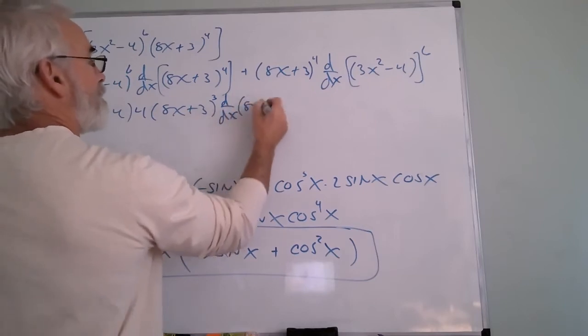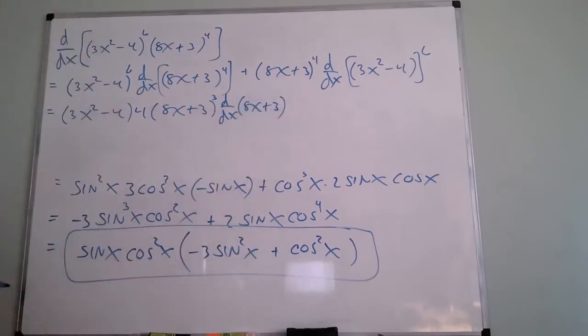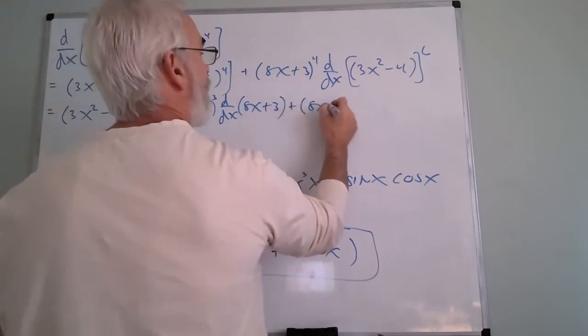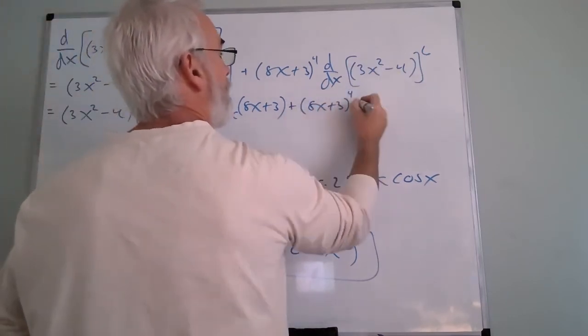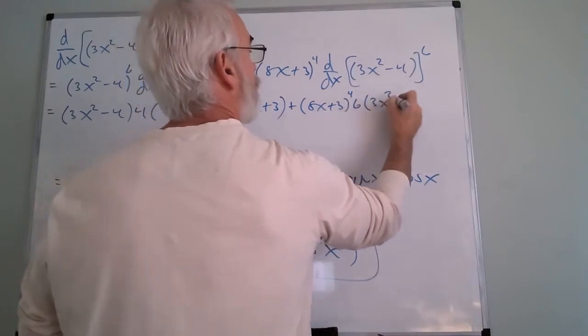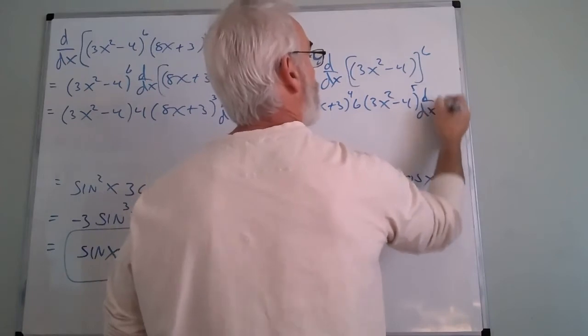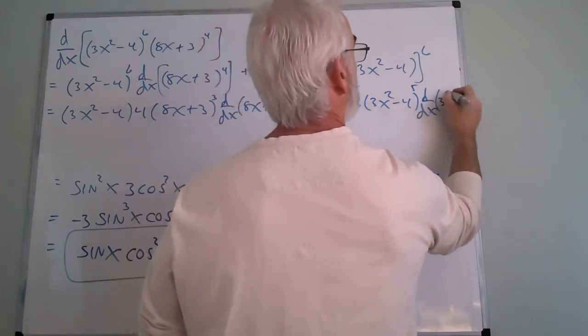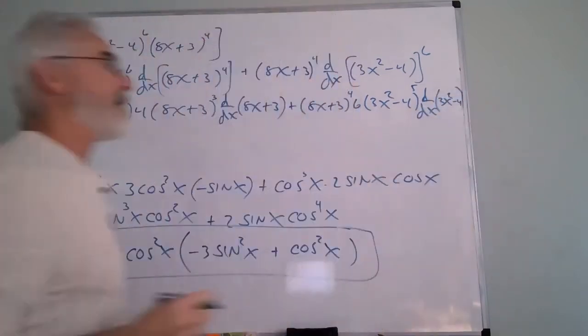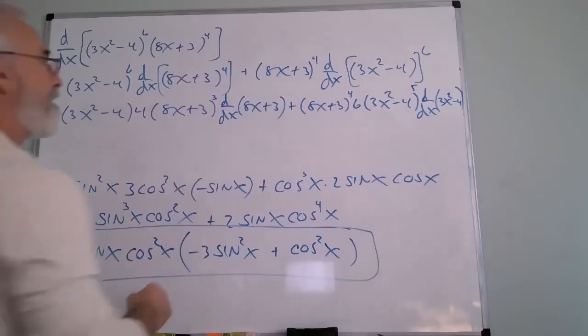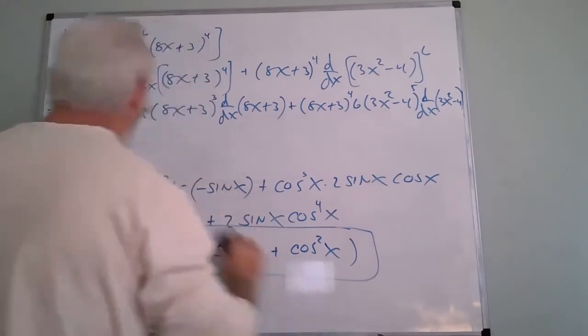I'm going to show you that you can sometimes make this a little bit more efficient. Plus (8x plus 3) to the fourth, 6, (3x squared minus 4) to the fifth, and then times the derivative of 3x squared minus 4. I barely got that in. Okay. I'm still not done. I still have to take those derivatives. Yikes.